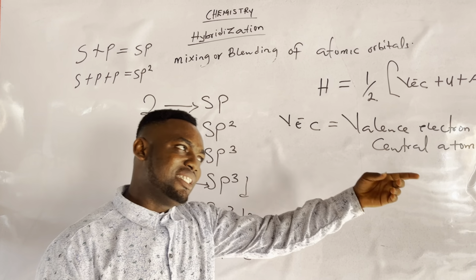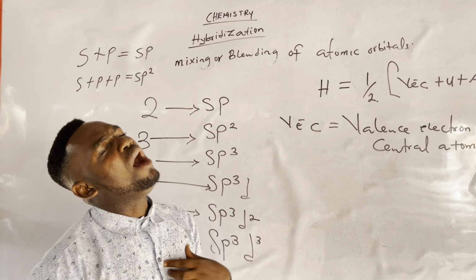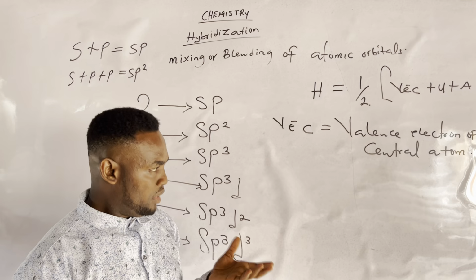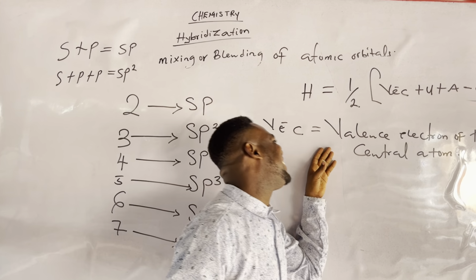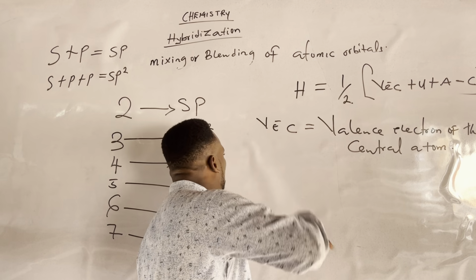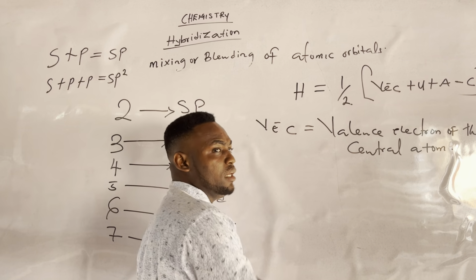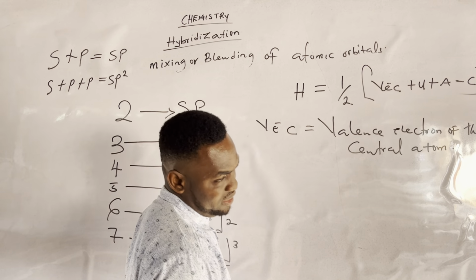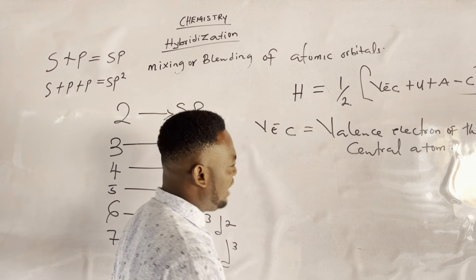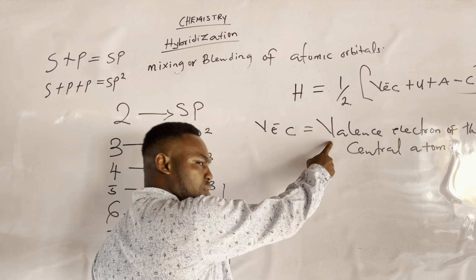If you are an element and I'm an element, and we want to combine, what we make use of is our valency. All right? But valence electron means the electrons in the outermost shell of an element. Electrons in the outermost shell of an element. That's what we call valence electron.